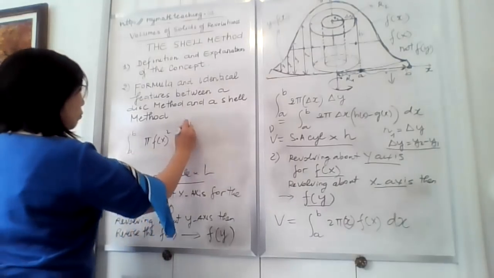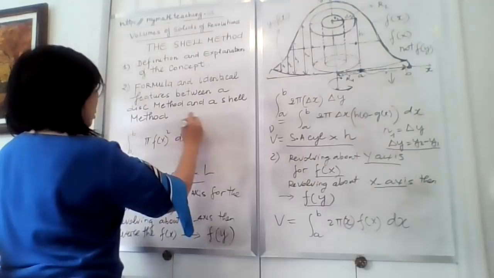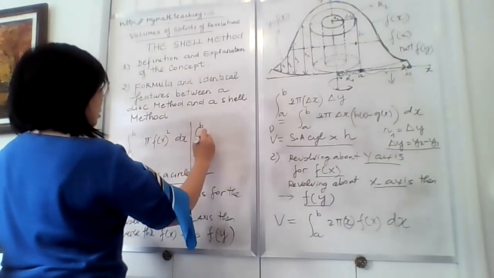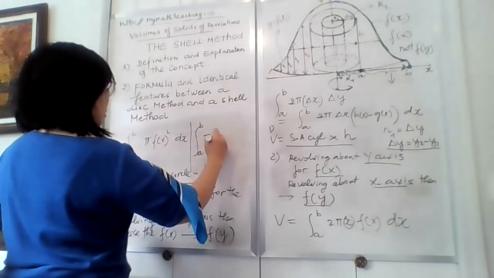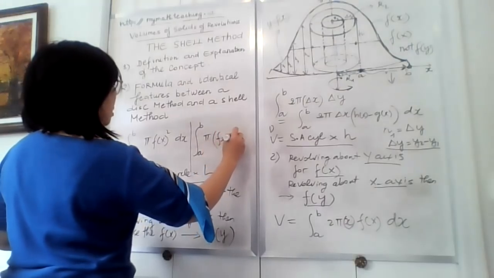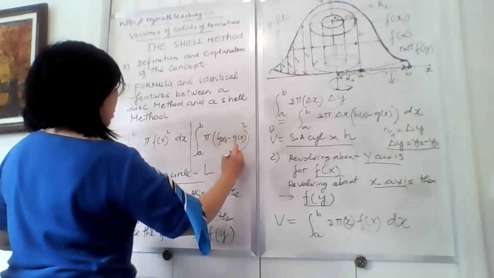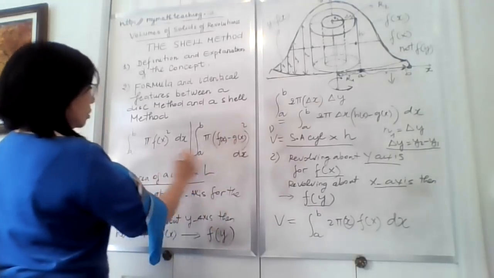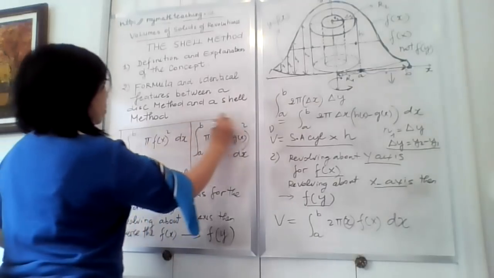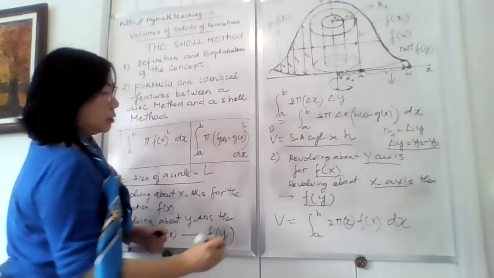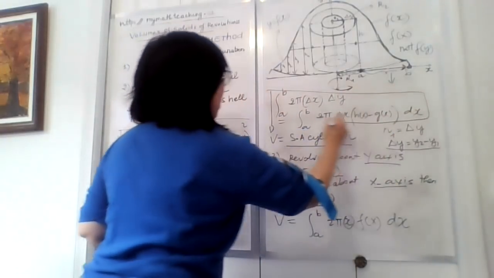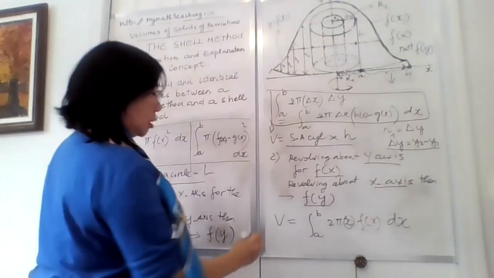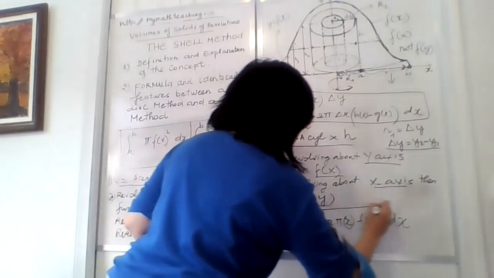And if we have two functions, it will be integral from a to b of pi times f of x minus g of x, all squared, dx. So that's the formula for this method. And this is the formula for the shell method, if we have two functions, and if we have one function, this is the formula.